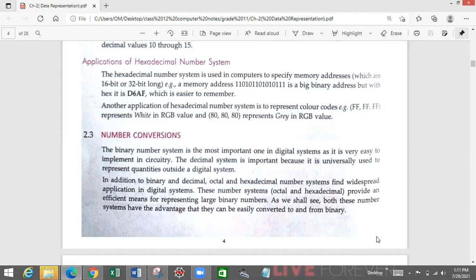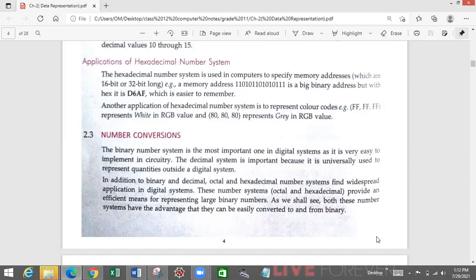Like if 100 pages are there, that can reduce to 25 pages if I use hexadecimal numbers, because every 4 digits of binary can be represented using one hexadecimal digit. So representing a number in hexadecimal or even in octal saves us space. The number of digits I have to write gets reduced.